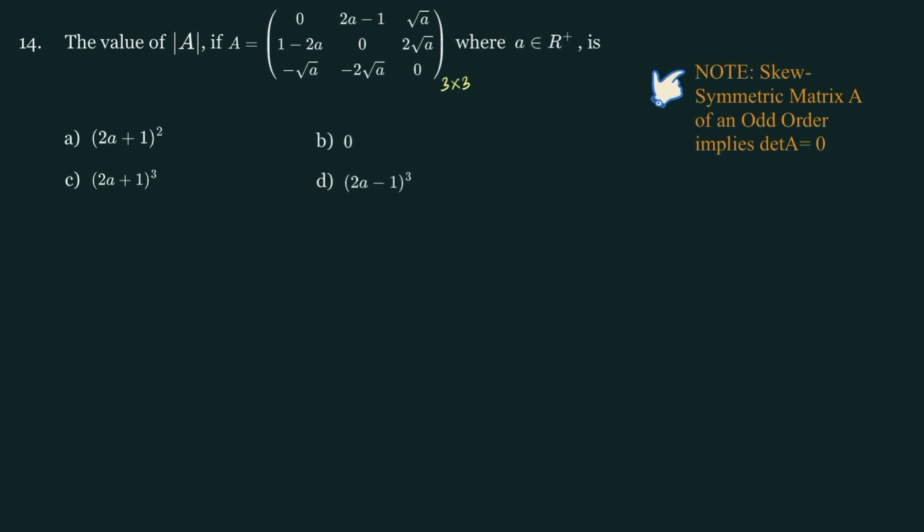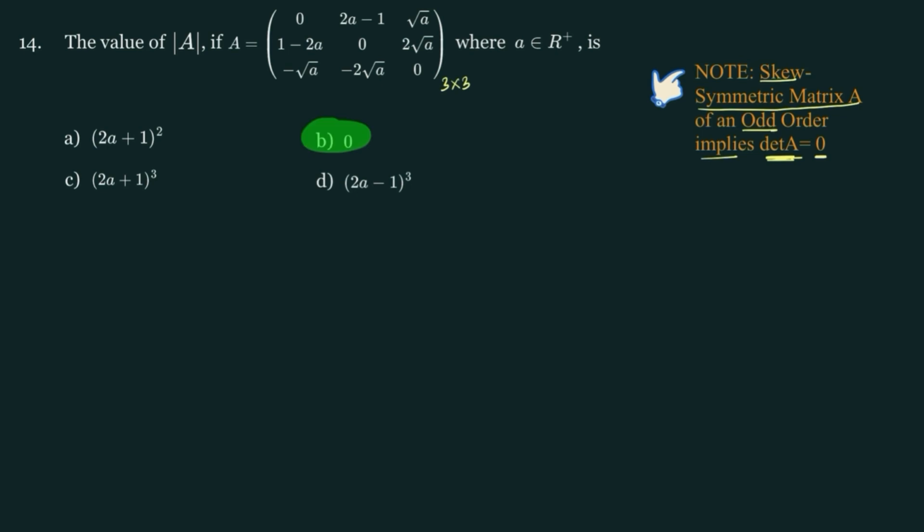Let's read the note here. If there is a skew-symmetric matrix and its order is odd, that is 1 by 1, 3 by 3 or 5 by 5, then the determinant of this type of matrix will always be equal to 0. So for this question also, my option is B.